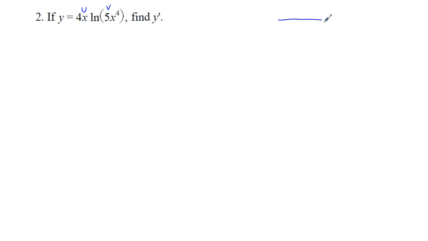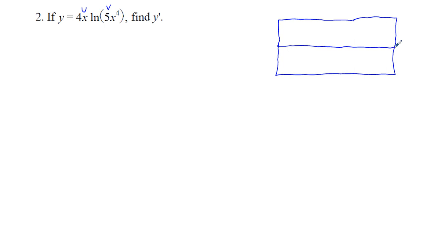I'm going to come over here to the right and write our little box like we've done. I'm going to leave a little room because we have a little figuring to do on one of these. So I'm going to put u prime and v prime. u is 4x, and u prime is going to be 4.